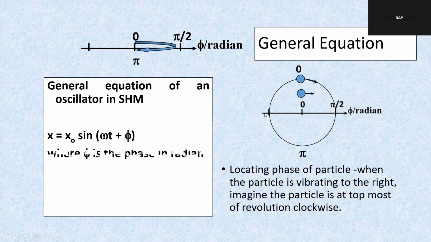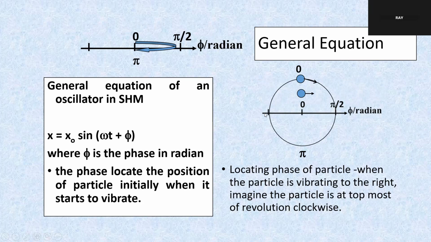I don't think you need to go that far with the general equation. In this case, if you start from 0, your phase phi is 0. But if you start from maximum amplitude and moving to the left, then it's pi over 2.